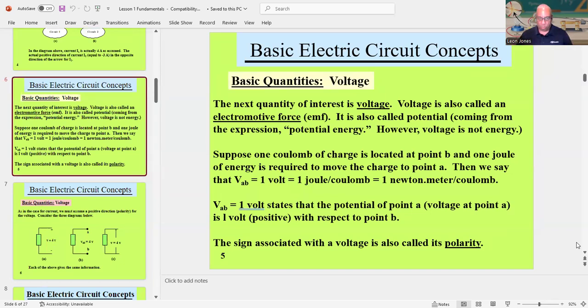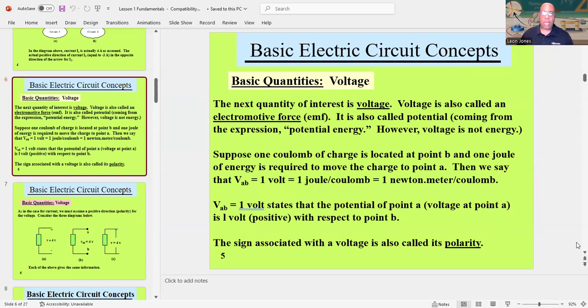Now, you have to understand that voltage is not an energy. So let me break down a scenario for you. Suppose 1 coulomb of charge is located at point B and 1 joule of energy is required to move the charge to point A. And we say that VAB equals 1 volt, which equals 1 joule per coulomb, which equals 1 Newton meter per coulomb.